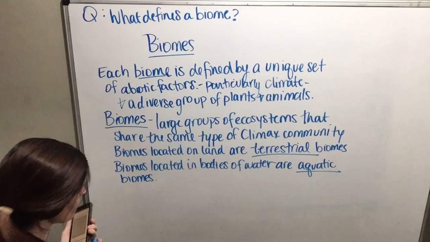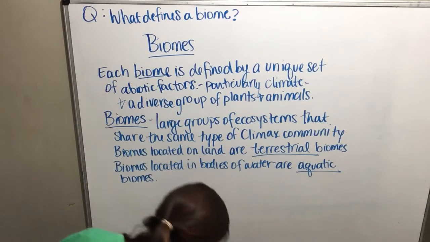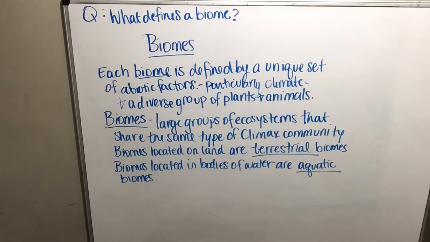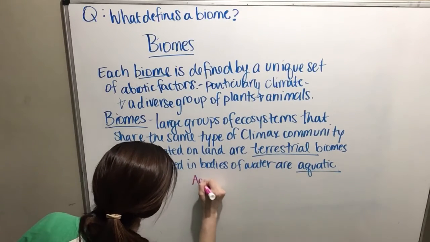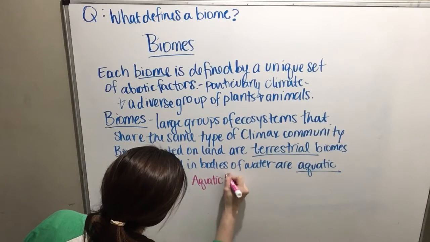Those are the two main types. So I said that they were kind of in two categories. Those are the two main categories. And so we are going to start talking about the aquatic biomes.